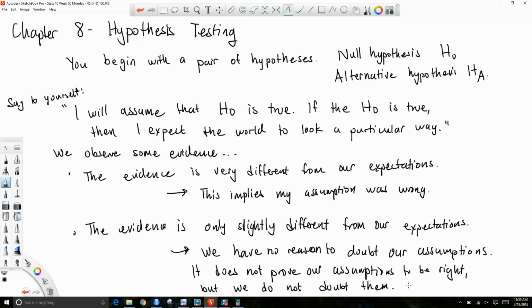All right. So how do we decide what is very different, or we might use the term significantly or statistically significantly different, okay? Significantly different versus not significantly different, right?